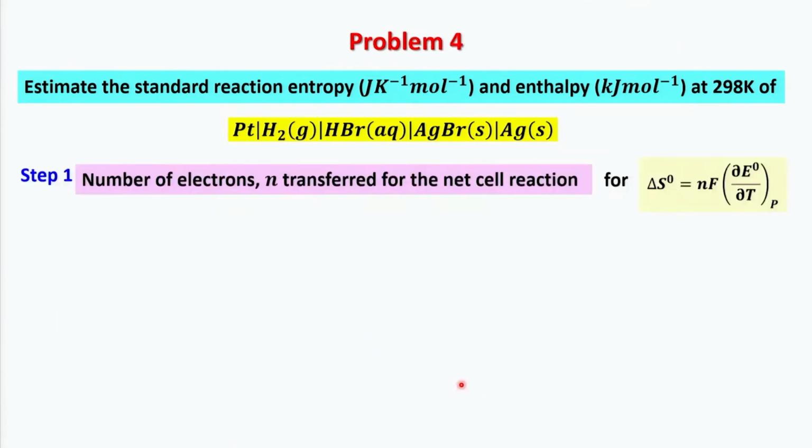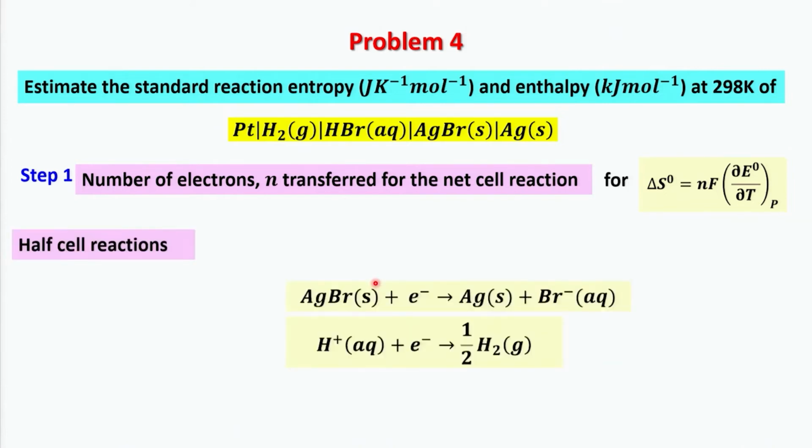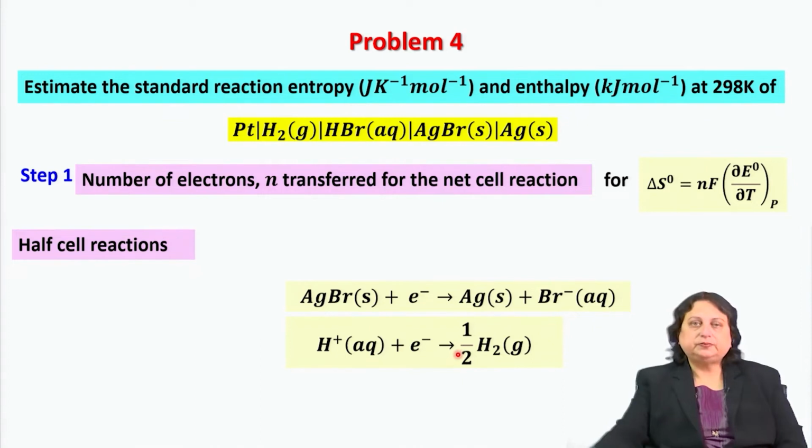In order to solve this problem, the first step would be, do I know the number of electrons transferred for the net cell reaction? So, for that purpose, once again I will write down the half cell reactions. This is the reduction reaction for the redox couple silver bromide solid, silver solid, and this is the half cell reaction for the redox couple H plus and hydrogen gas.